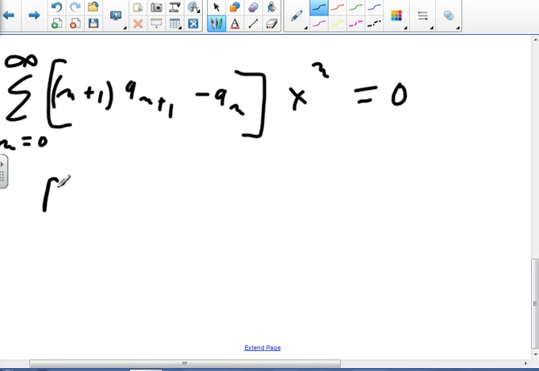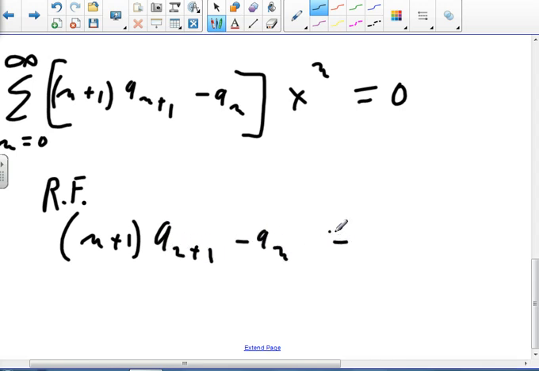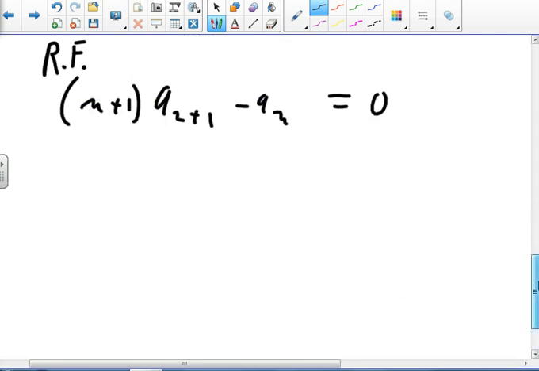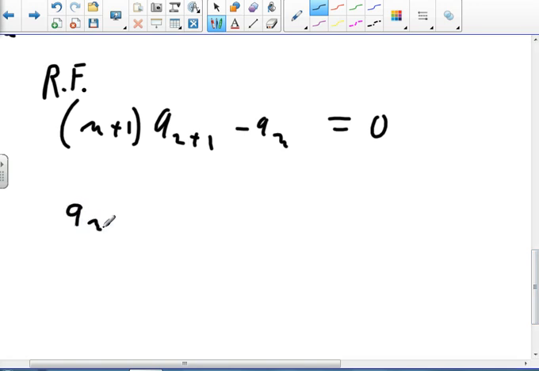So we have a thing we call a recurrence formula, and it says that this (n plus 1) times a_(n+1) minus a_n has to be 0, because x to the n isn't going to be 0. That wouldn't make any sense. That'd be trivial. So that being the case, I can have that a_(n+1) is equal to a_n divided by n plus 1.